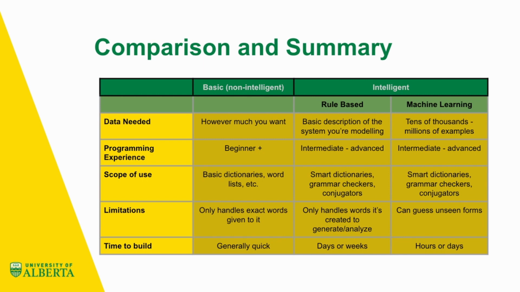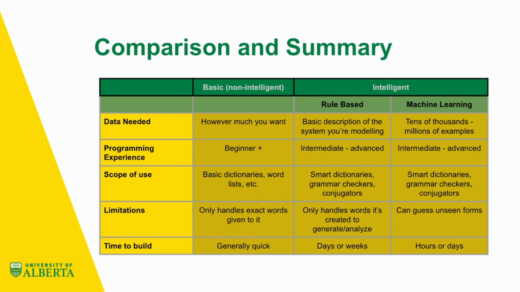Scope of use. So these basic non-intelligent systems can be basic dictionaries, word lists, picture lists, and so on. The limitation is that a basic system only handles exact words given to it. So if you don't tell it the plural form of dog, it will not know the plural form of dog.